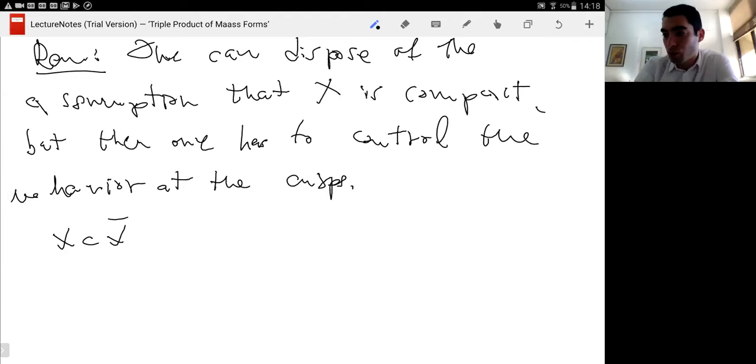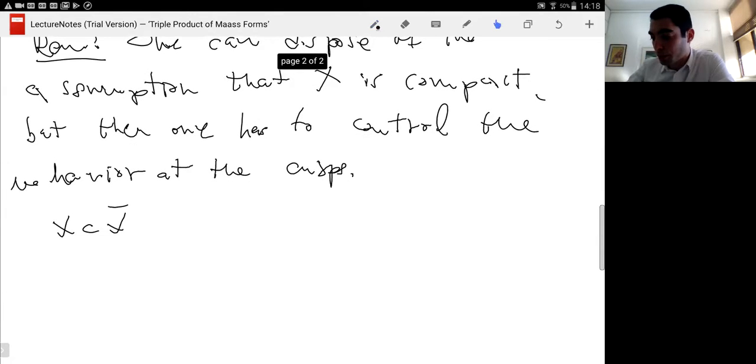I mean, we're dealing with C-infinity functions, but do we have something analogous to a pole in those singularities, or do we have something worse? So in order to obtain a concept that's useful, one has to impose a growth condition at the cusps, namely at the complement of X in its compactification.